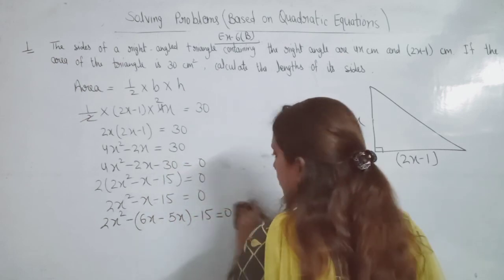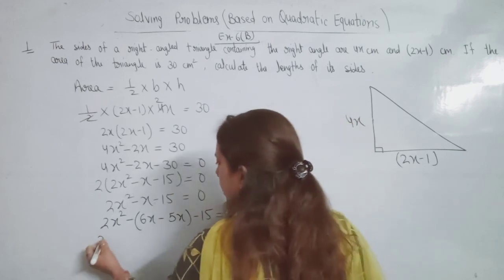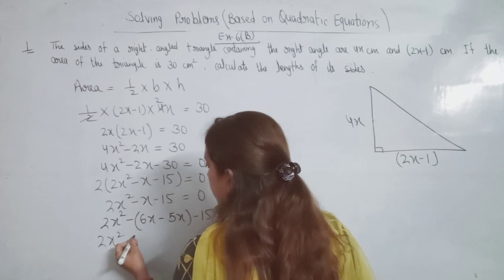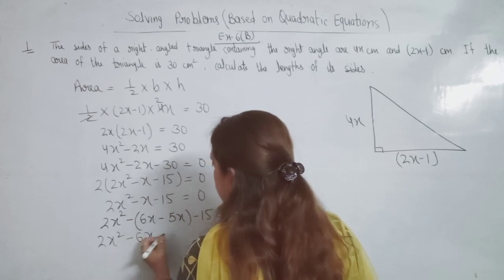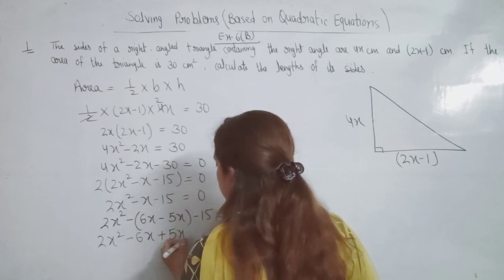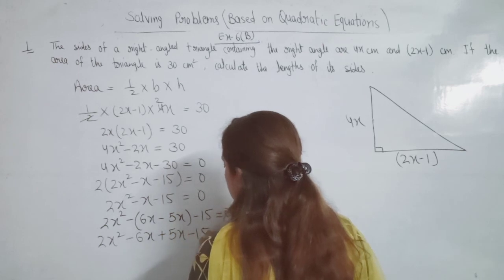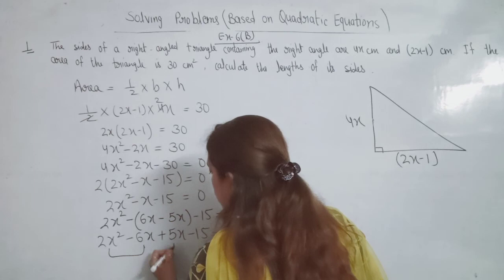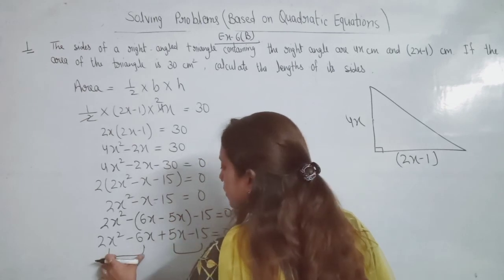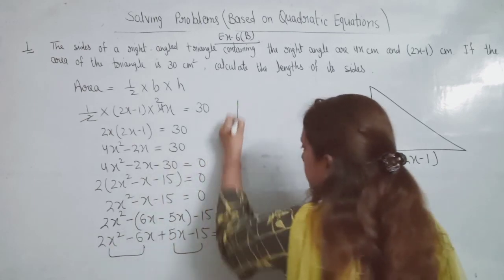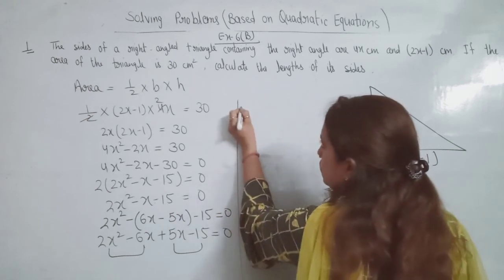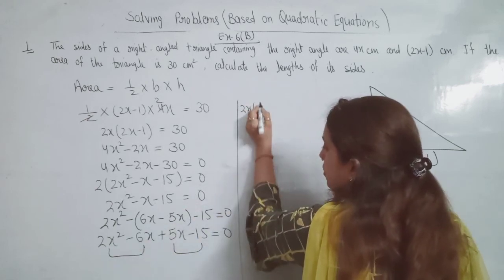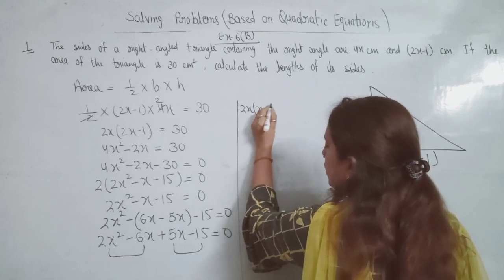Now make the pairs. What is common in the first pair? 2x. What will be left in the bracket? x minus 3.